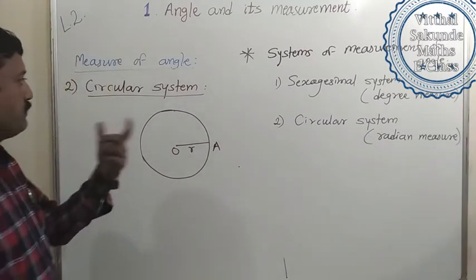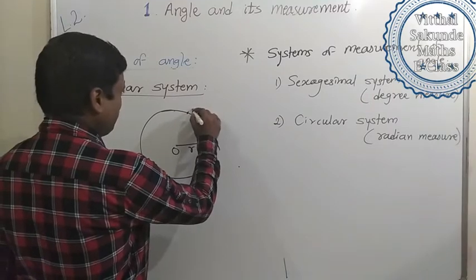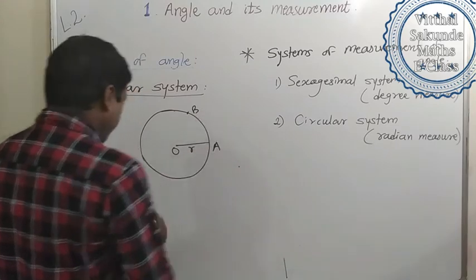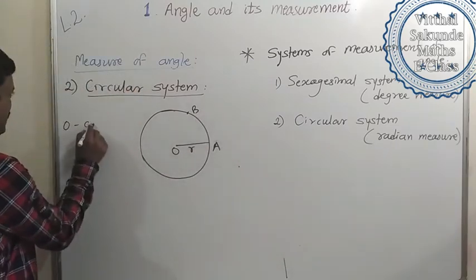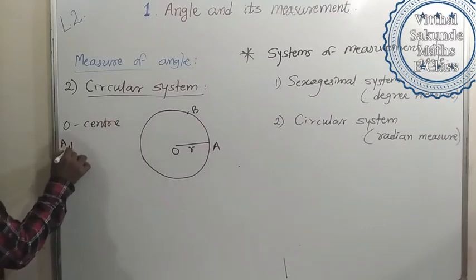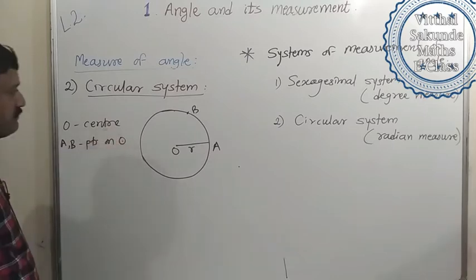If you take another point B on the circle, here O is the center and A and B are points on the circle.